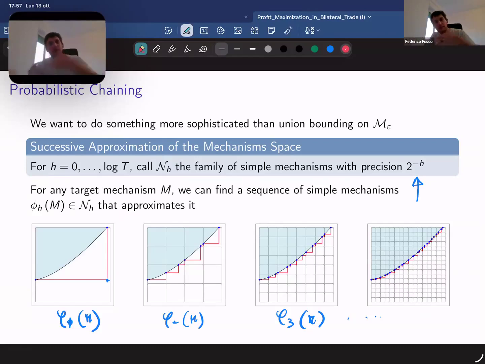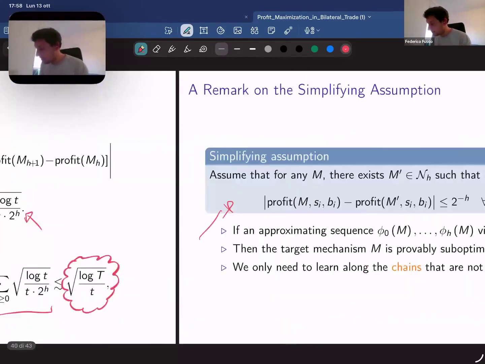And if I concatenate these mechanisms, I exploit the specific structure to do union bound in a nice way. So practically, this mechanism here is just a fixed price mechanism. This guy here is not a fixed price mechanism, but it's, let's say, a convex combination of a few fixed price mechanisms. Okay, so I think it's fairly nice.